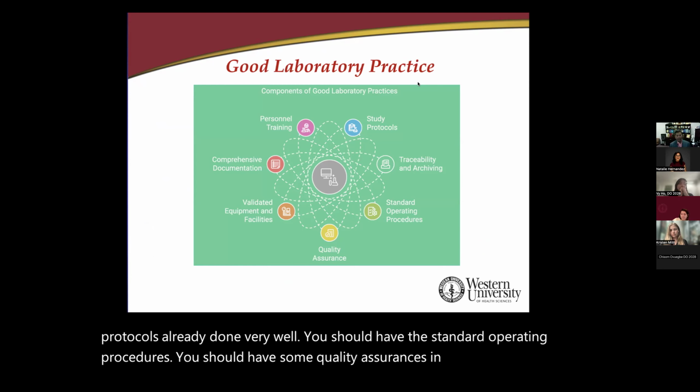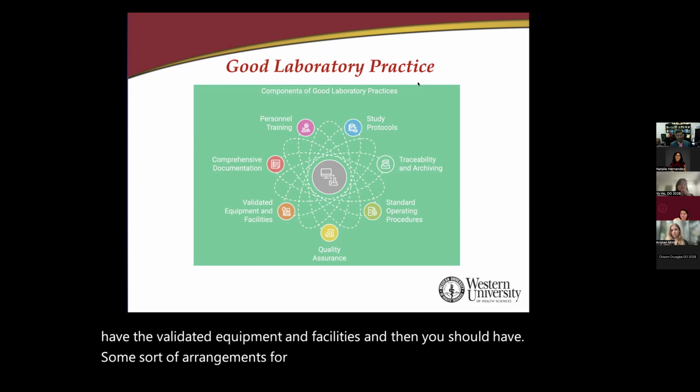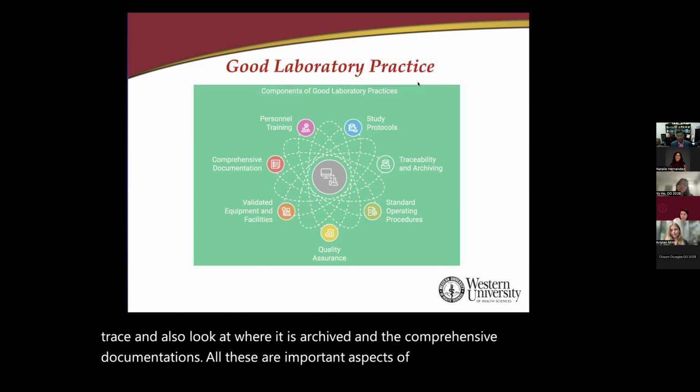You should have validated equipment and facilities, and then you should have some sort of arrangements for traceability and archiving, so that you can trace and also look at where it is archived, and comprehensive documentation. All these are important aspects of good laboratory practices.